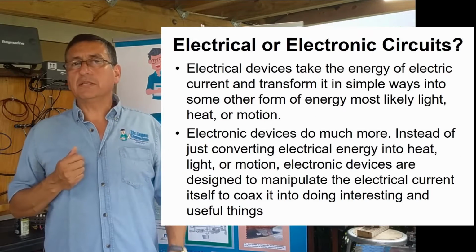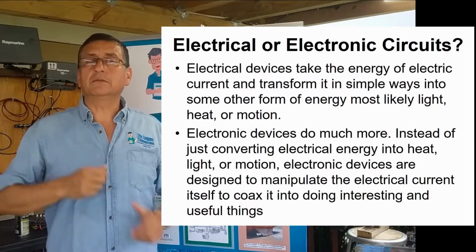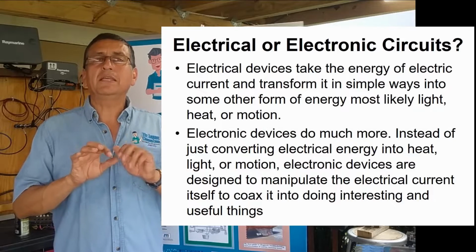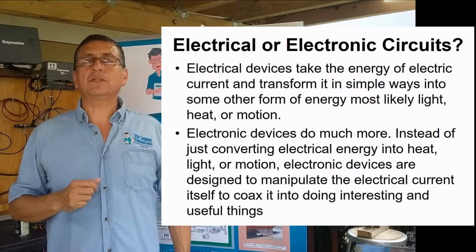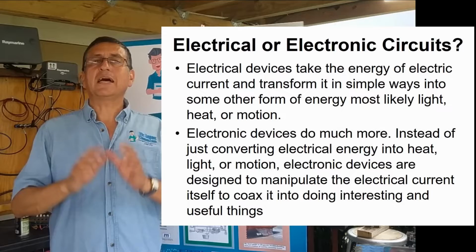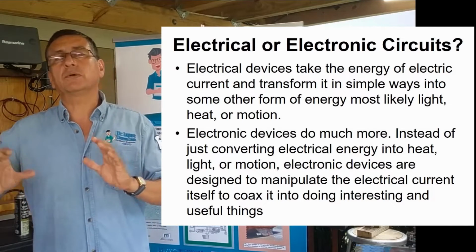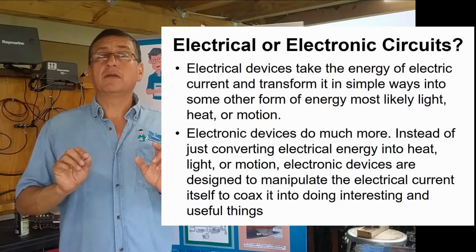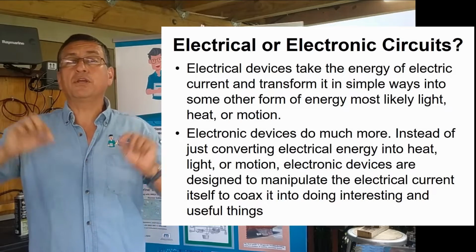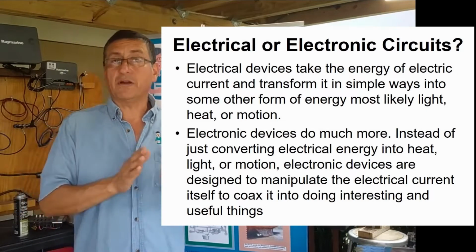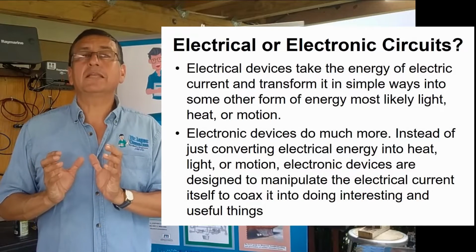The electronic circuit is more intelligent. You can program the electronic circuit, and the electronic circuit makes decisions. That's the main difference between electrical circuits and electronic circuits. Both of them move electrons from one point to another one. However, the electronic circuit is intelligent.